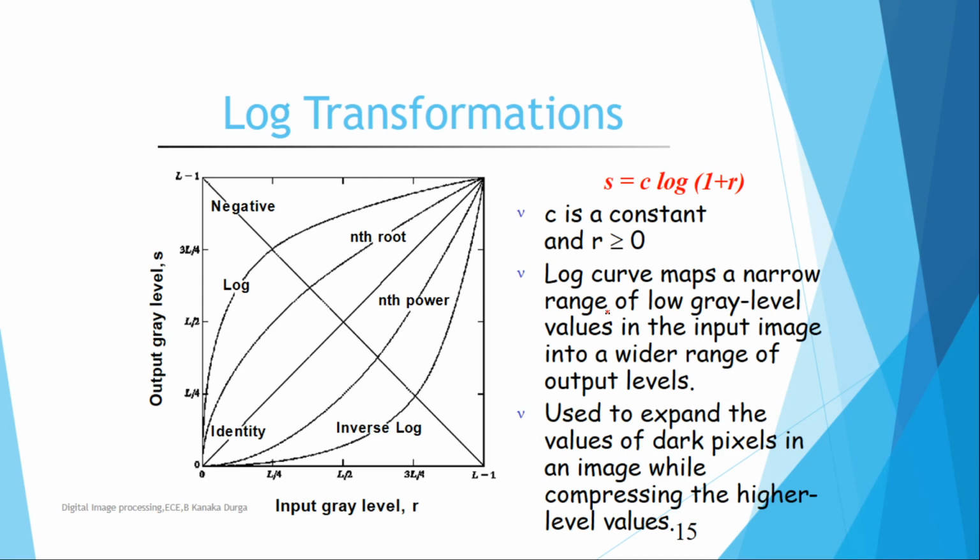Say I have taken a picture from a camera with higher intensity values, but when I use display devices like a projector, printer or monitor, it cannot project that high amount of intensity values. Then the image is projected blurred in nature. To overcome such problems, we go for log transformation techniques.